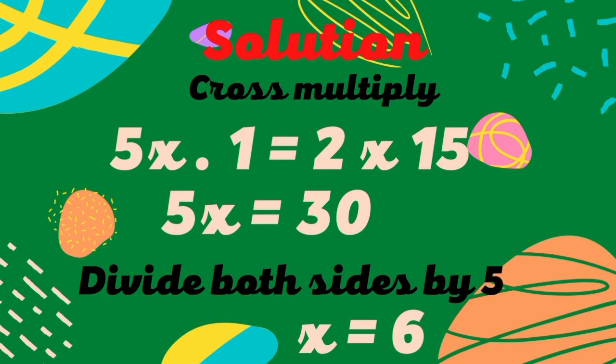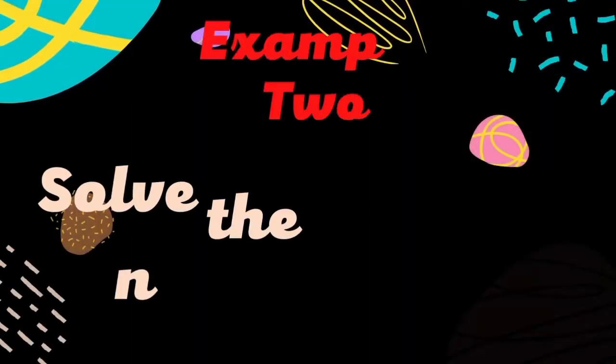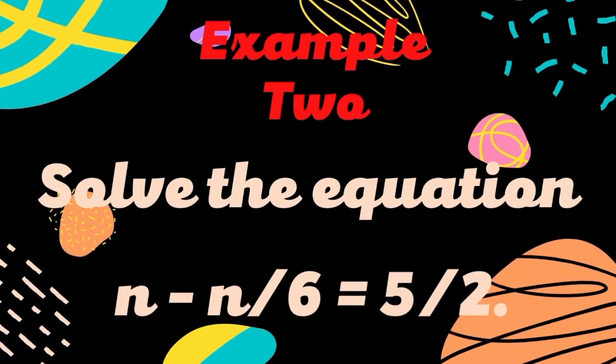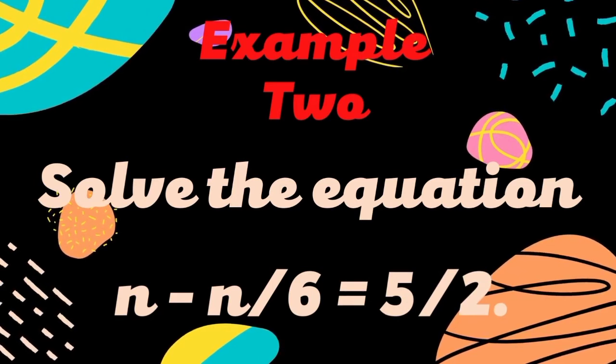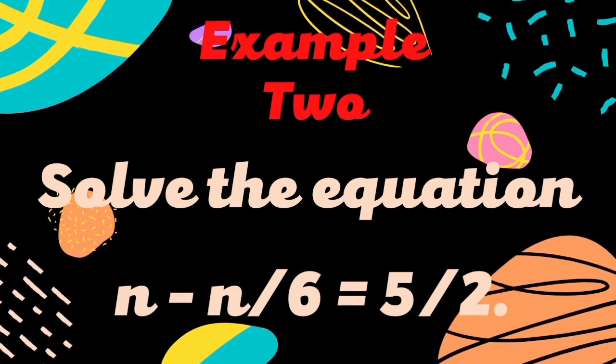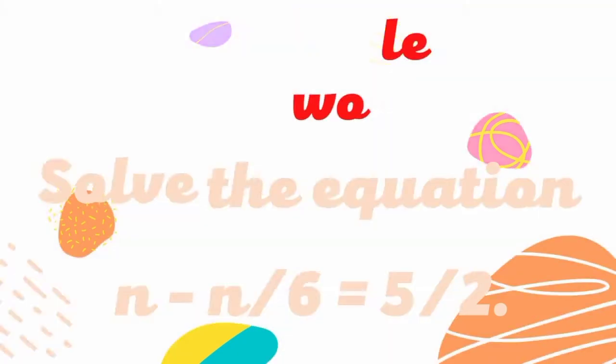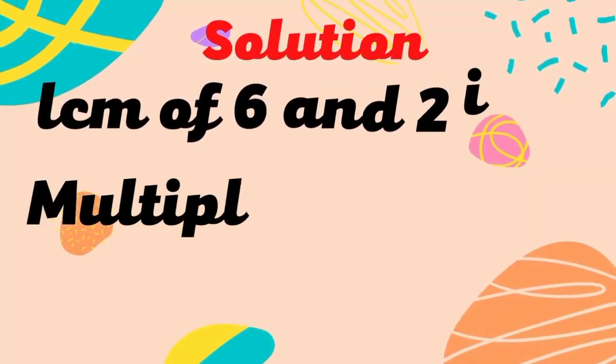Now, let us also take a look at another simple example. It says solve the equation n minus n over 6 equals 5 over 2. In this type of problem, all you need to do is to look for the LCM of the denominators. So the LCM of 6 and 2 here is 6.